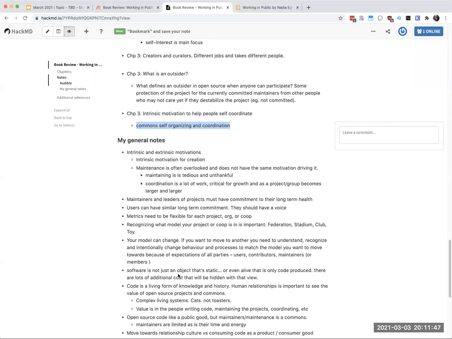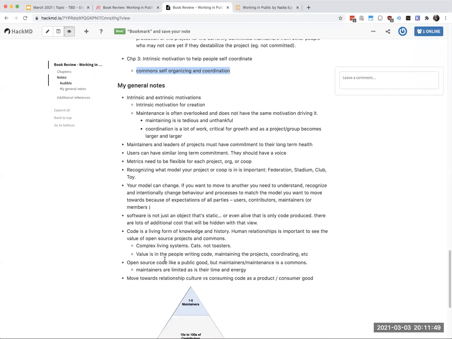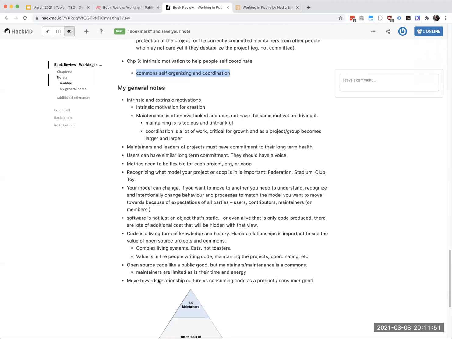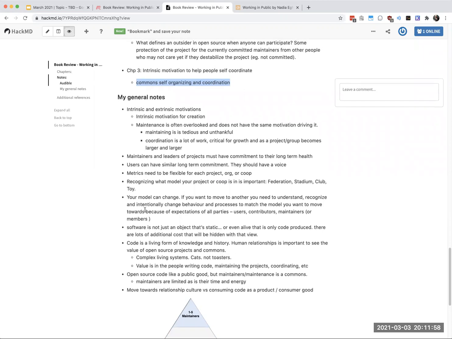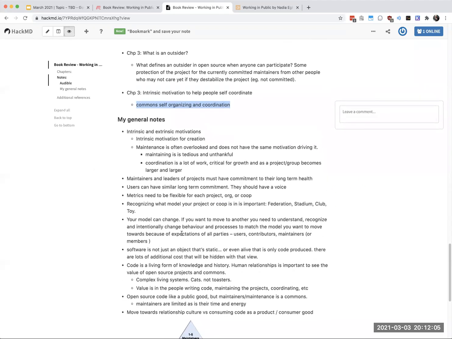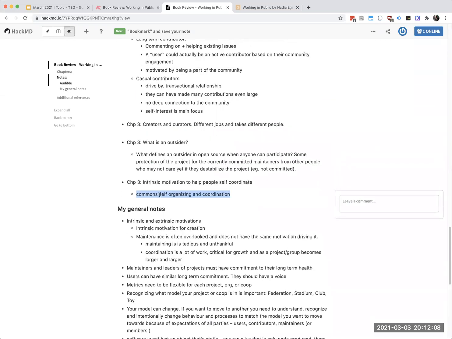In fact, I think I have some notes down here. I don't have it here. So there's a limit on commons. So commons would be stuff like a forest, a national park, and we have to protect them because they're limited.